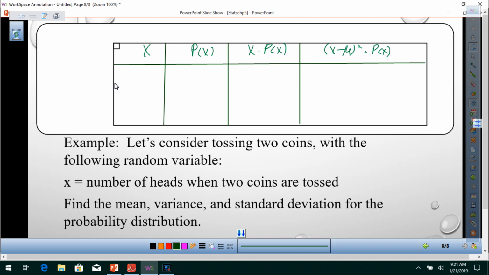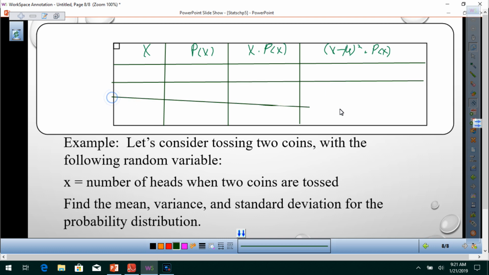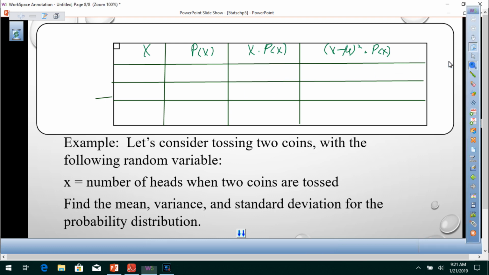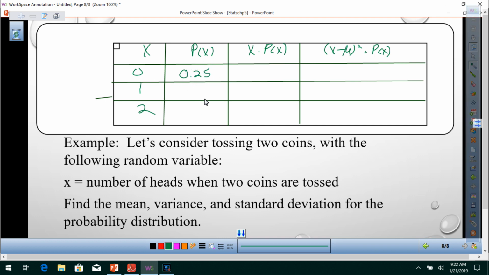Remember, we had 0, 1, and 2. I'm going to put just on the bottom the total. So we got 0, 1, and 2. Okay, what's the probability of 0? 0.25. And the probability of 1 was 0.50, and the probability of 2 is 0.25.